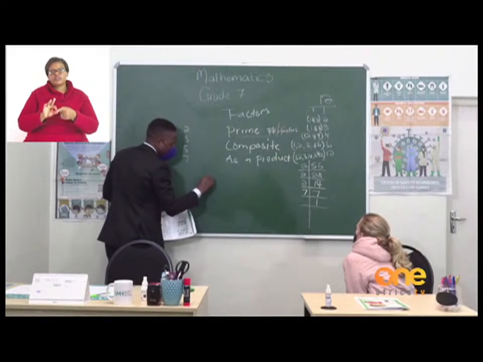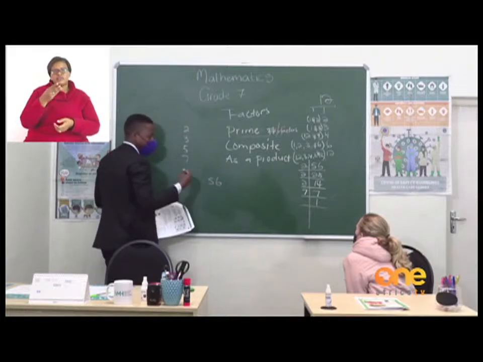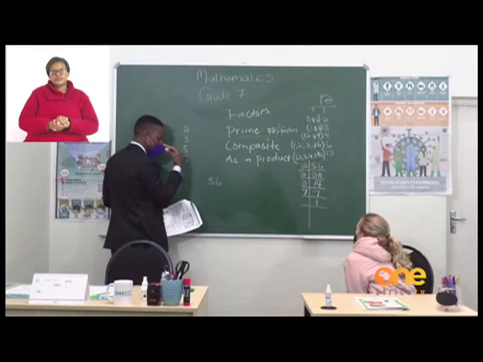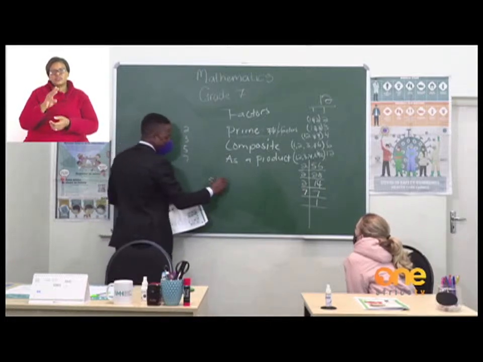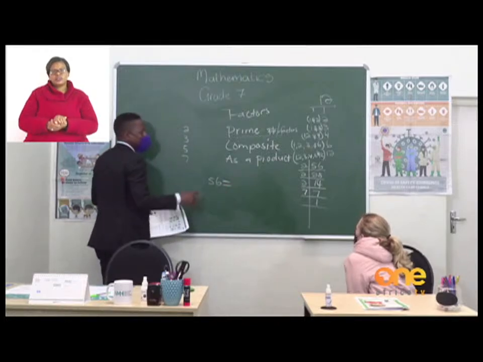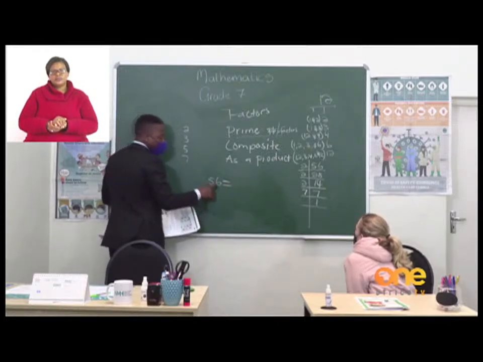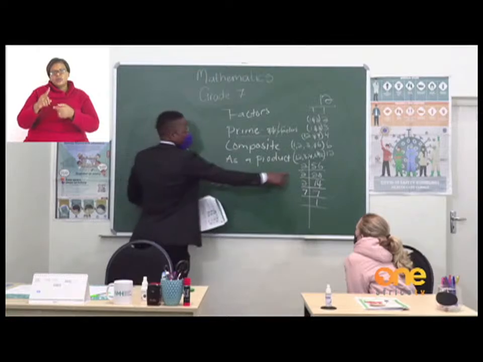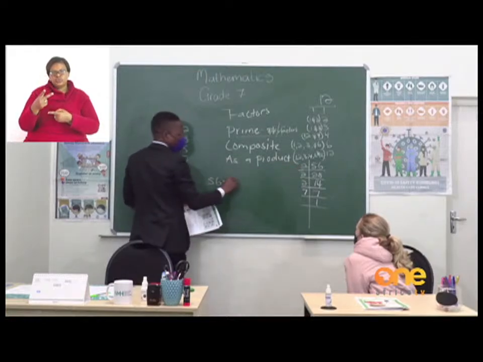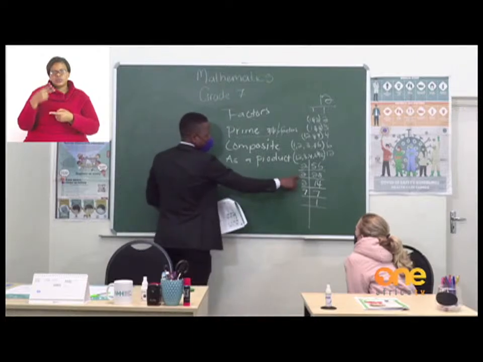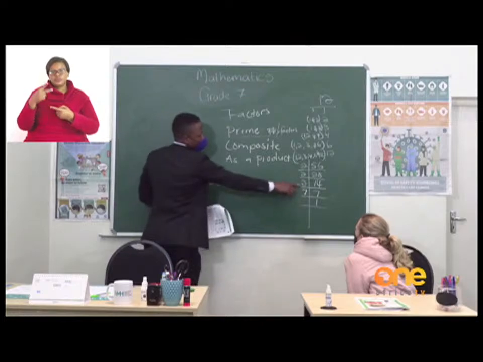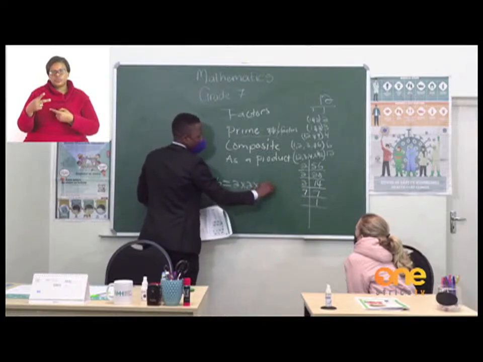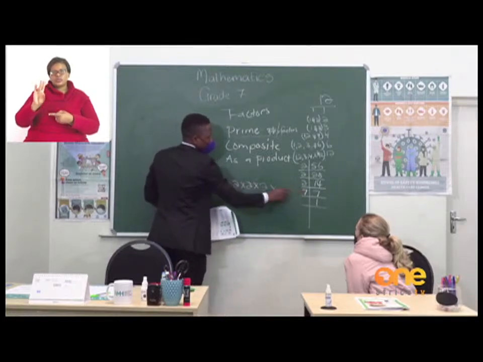You write 56 as a product. A product is the answer for multiplication. In that manner, you write 56 equals, you take the first 2 times the second one, 2 times the third one, 2 times 7.